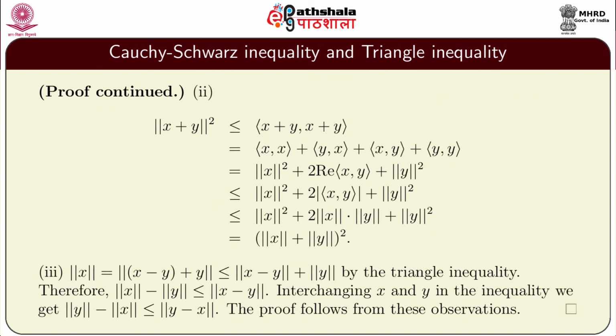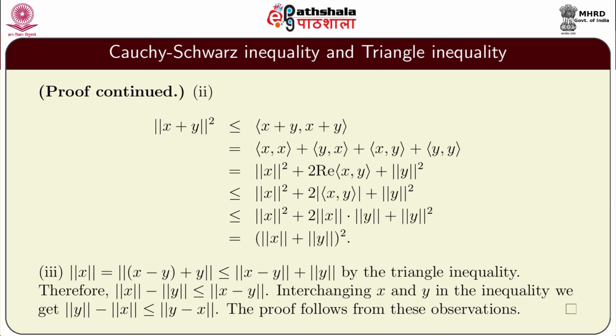Proof of the second part, that is the triangle inequality. Norm of x plus y square is nothing but the inner product x plus y comma x plus y.